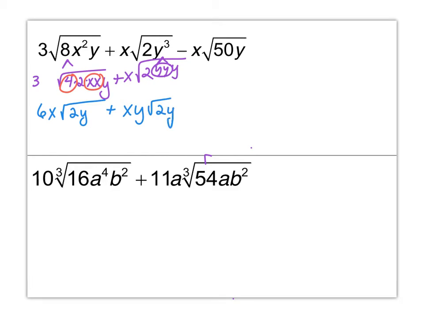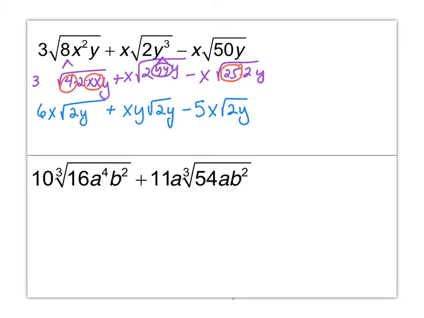And our last term, minus x times the square root of 50y, can be simplified because the square root of 50 can be written as 25 times 2 times the y, and the 25 is a perfect square, so that can be taken out in front, so that our last term is written as minus 5x, because the square root of 25 is 5, and the square root of 2y left under the radical.